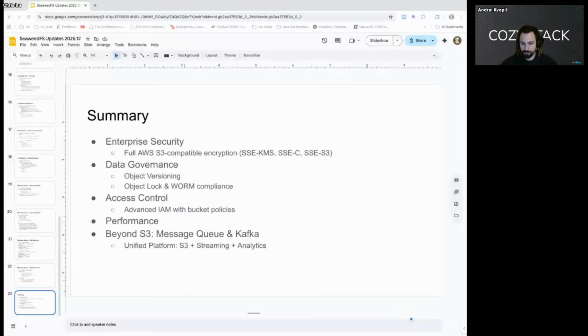I think there are several benchmarks that have been done by real users. In terms of performance, SeaweedFS ranked like number one.